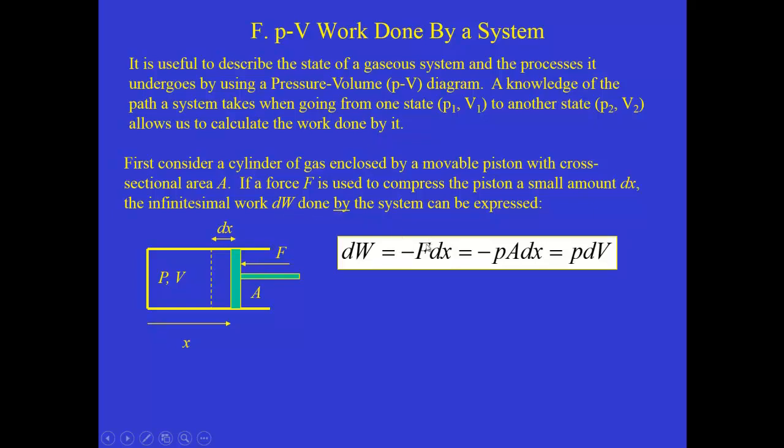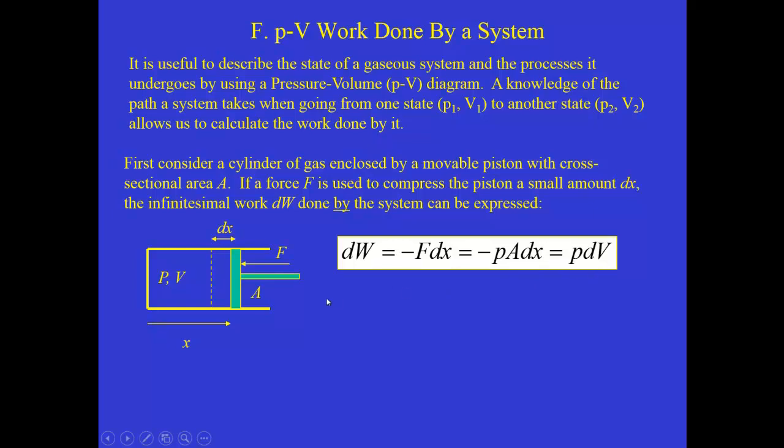So minus F dx, and then the force that's applied to the piston is balanced on the other side of the piston by the pressure times the cross-sectional area that the gas is exerting on the piston, and so that force is equal to pressure times cross-sectional area. And then finally we note that A times dx represents how much the volume of the system has changed, and so we can call this infinitesimal volume change dV.